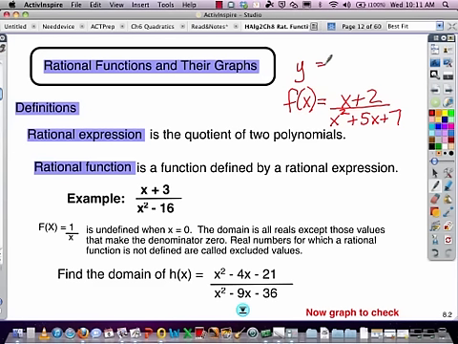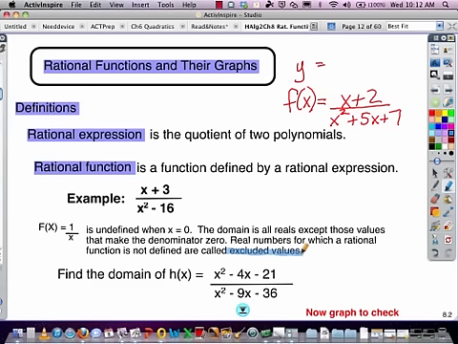The domain is all reals except for those values that make the denominator 0. So we can graph every single possible number with the exception of whatever makes the denominator 0. Real numbers for which a rational function is not defined are called the excluded values. So that's another key piece of vocabulary to keep in mind.